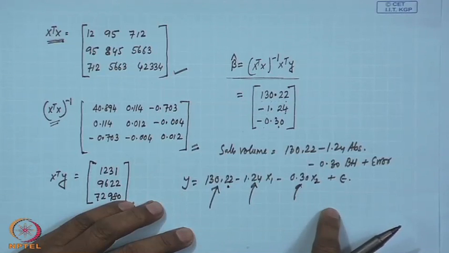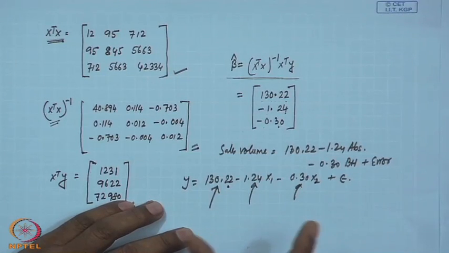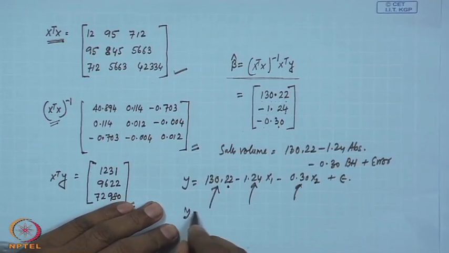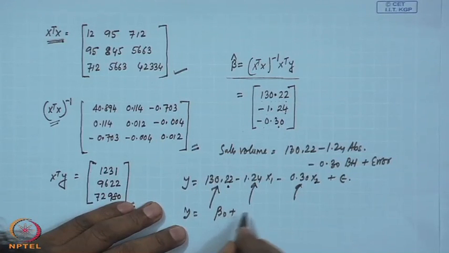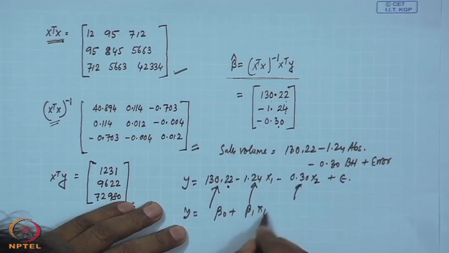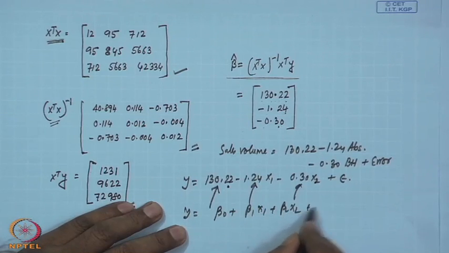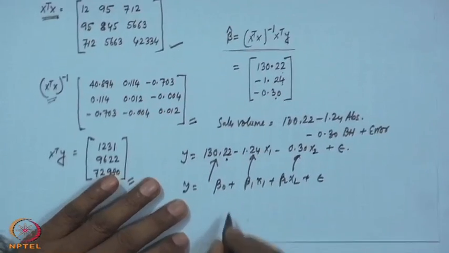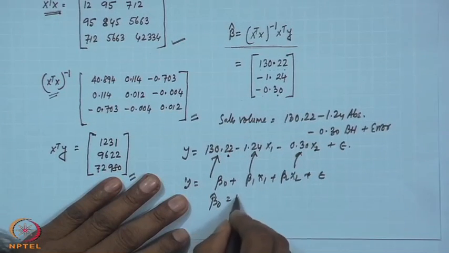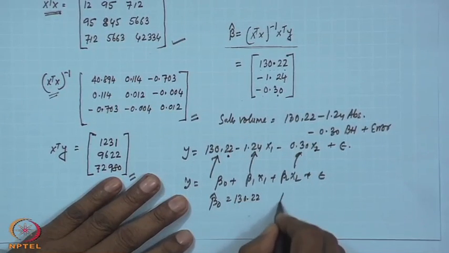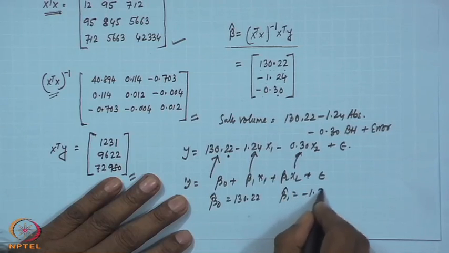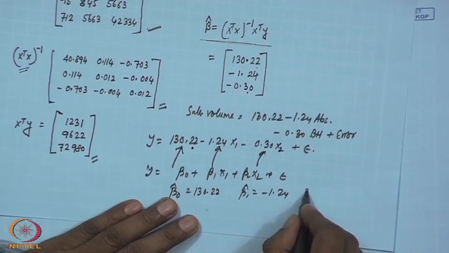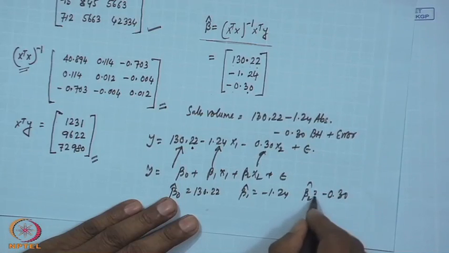Second, we have seen that you create the confidence interval for each of the original population parameters. Here the population model is like this: beta 0 plus beta 1 x1 plus beta 2 x2 plus epsilon. Beta 0 cap is 130.22, beta 1 cap is minus 1.24, and beta 2 cap is minus 0.30.